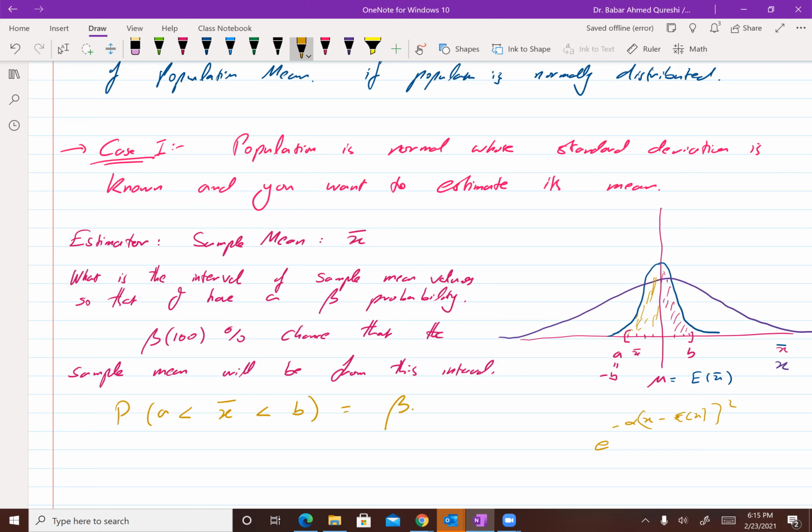Then it gives me an interval so that I'm pretty confident that with probability beta, I will land within this interval. And the probability of being outside this interval is only 1 minus beta, right?